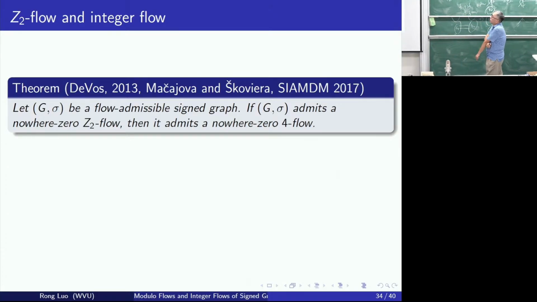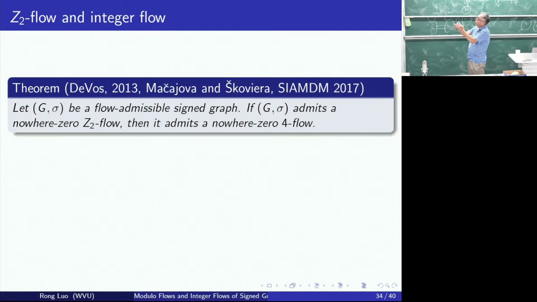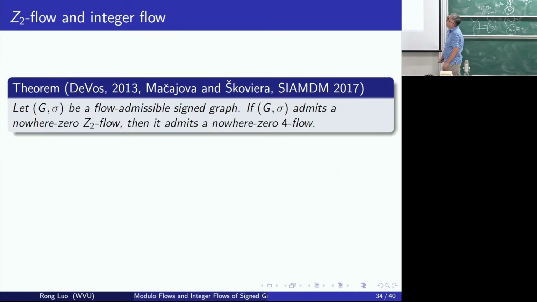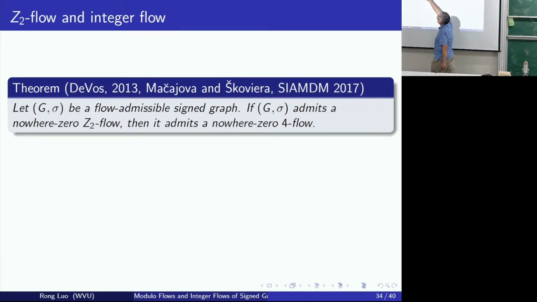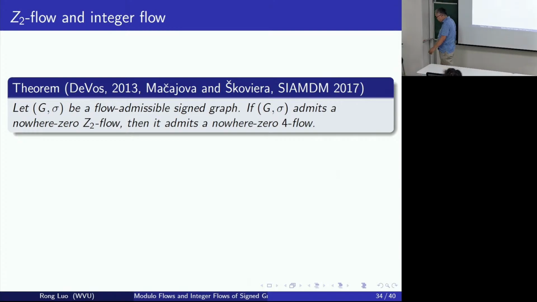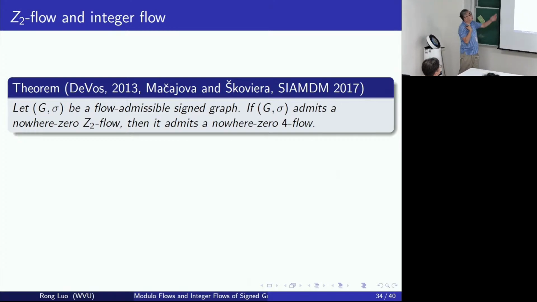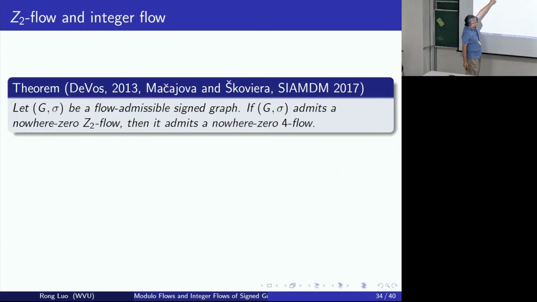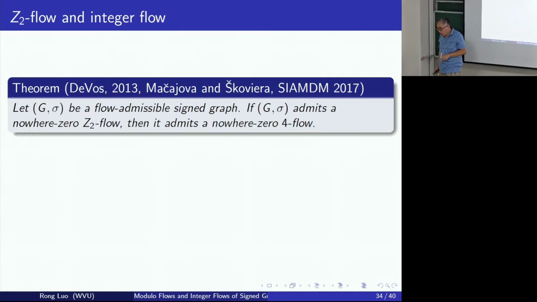So when k is 2, how do we convert a Z2 flow into integer flows? As I said, lots of people didn't notice this, so I want to mention it, because the Devos paper is not published and most people just cite their paper. They prove that if the graph is flow-admissible and it admits a nowhere-zero Z2 flow, then it admits a nowhere-zero Z4 flow.